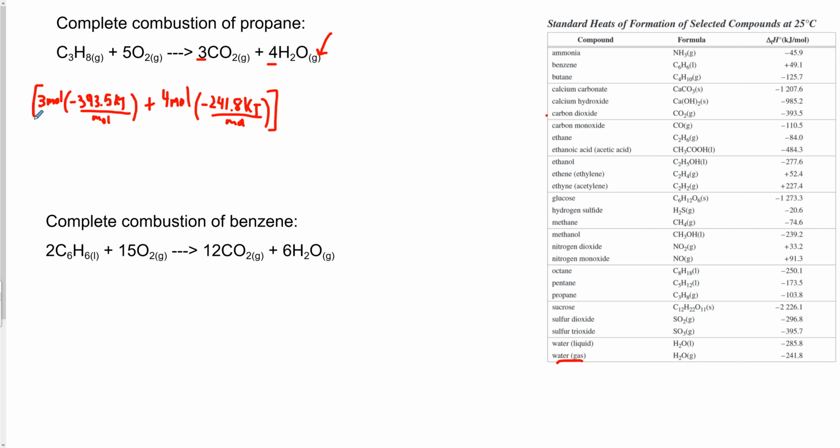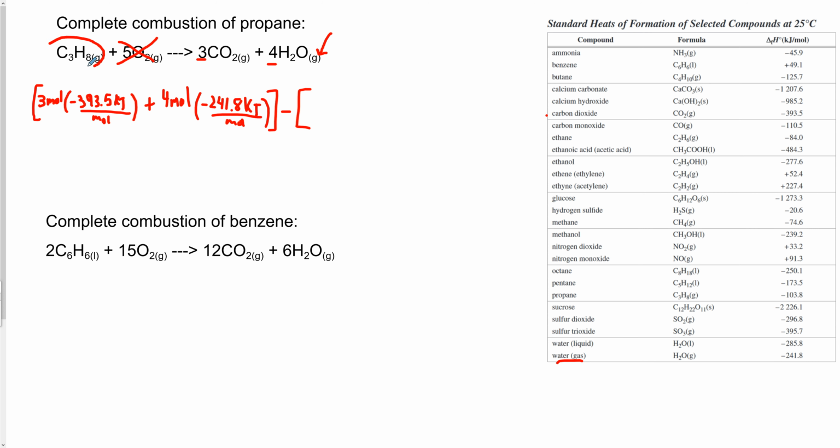Now I'm going to subtract, and here's the nice thing. Elements, like oxygen is an element, O2 gas is an element, it's free. It actually doesn't cost me any kilojoules. So I could just cross it out. So now I just have to subtract, and I'm going to get the energy for propane.